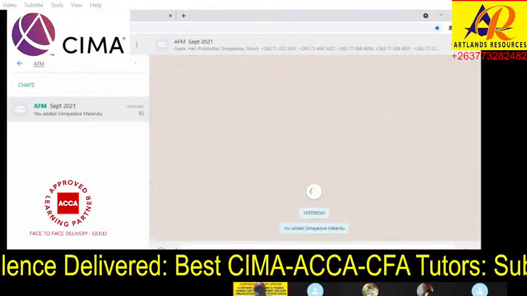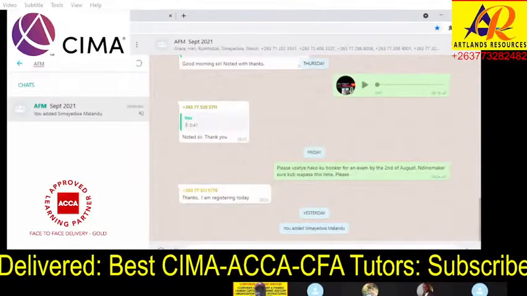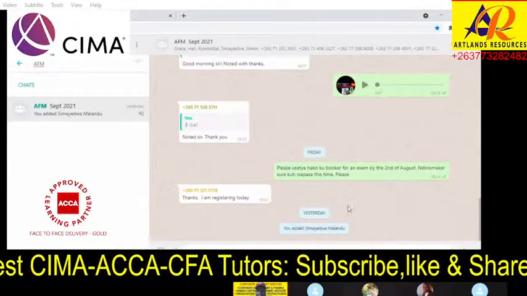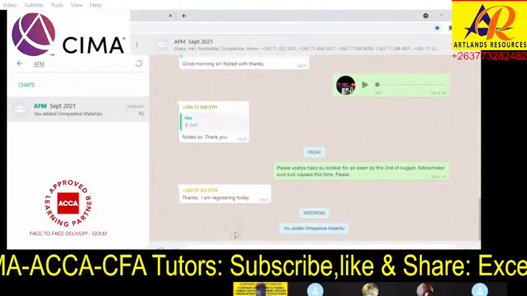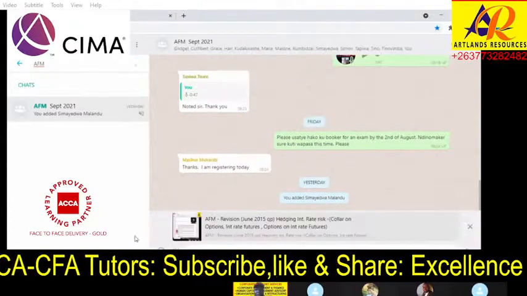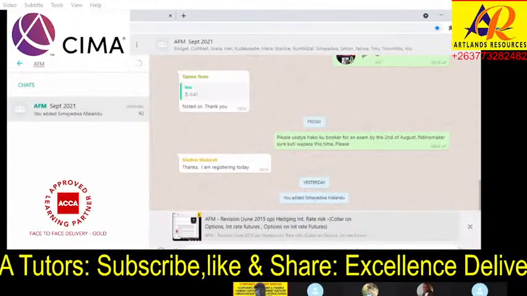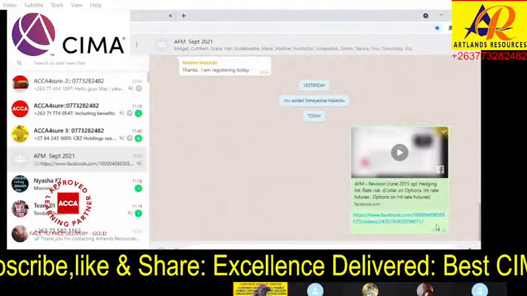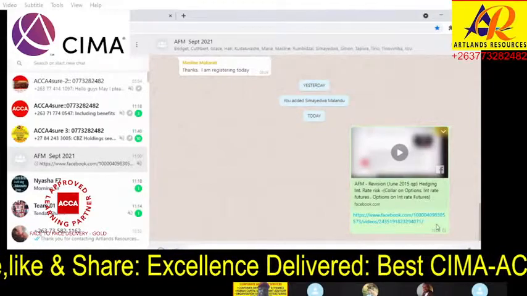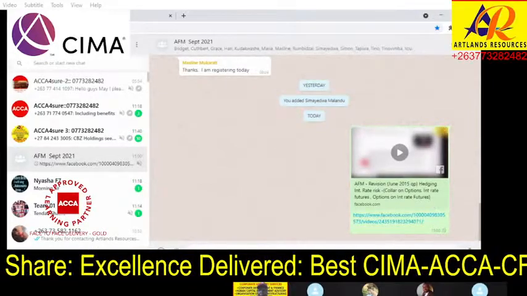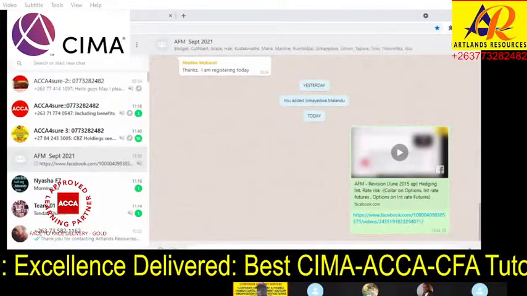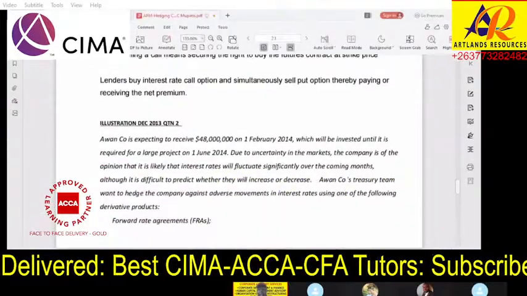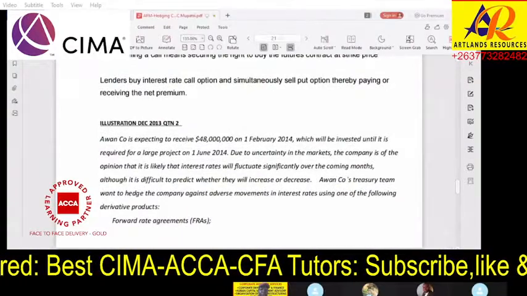Video count 1. So this one is done. I wanted to populate what it is about, taking time to show that message up. If it shows it like this, then it can send nicely. So on the collar on options, I'm sorted. It's now left for you to sort it out. Can you imagine? We are already done with hedging interest rate risk.